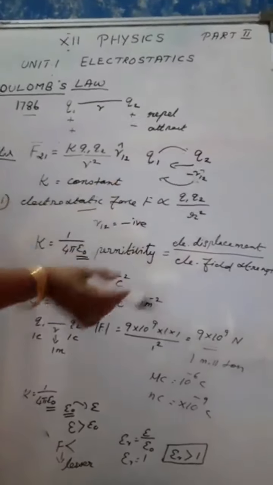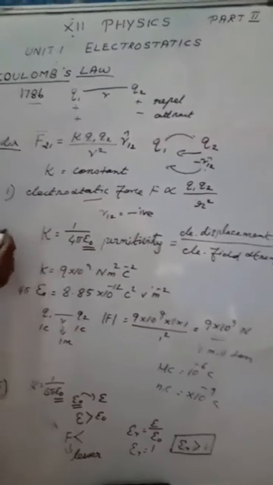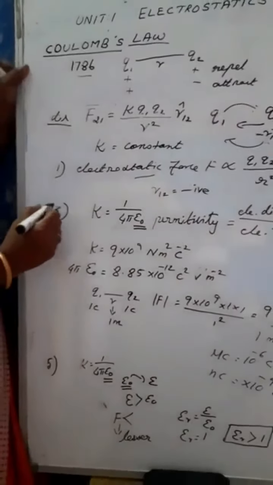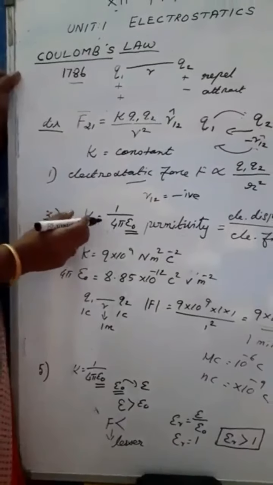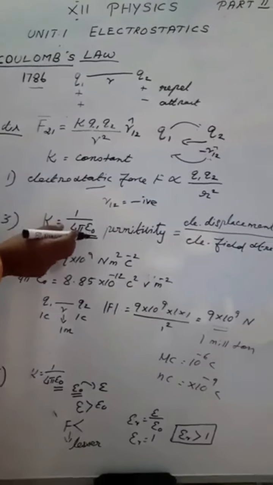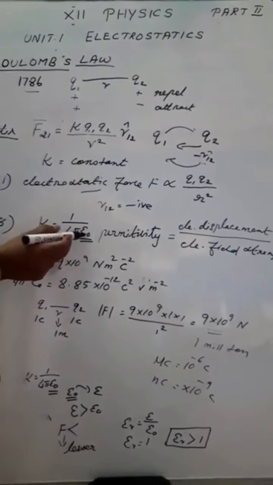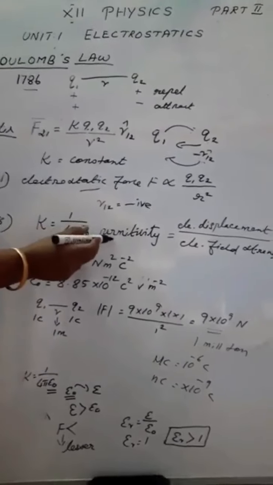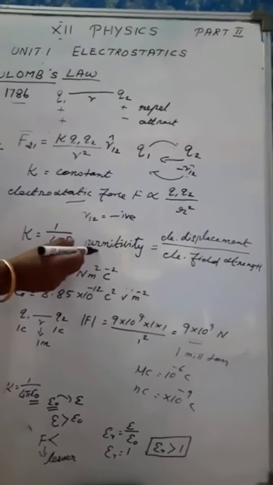And next, the third aspect, K value, K equal to 1 by 4 pi epsilon naught. Epsilon naught is known as the permittivity of free space. What is permittivity?